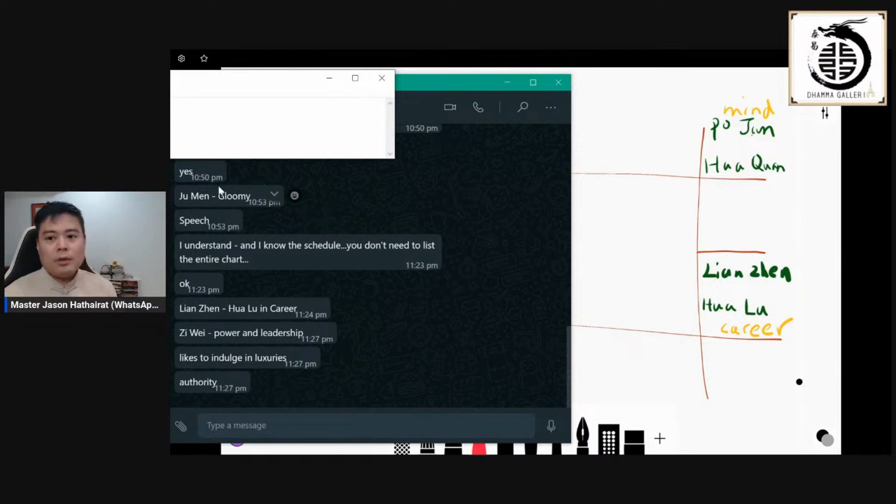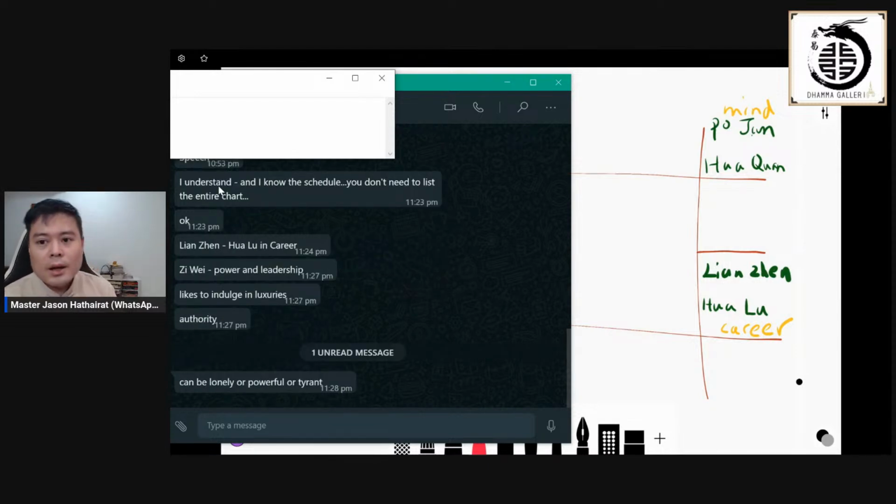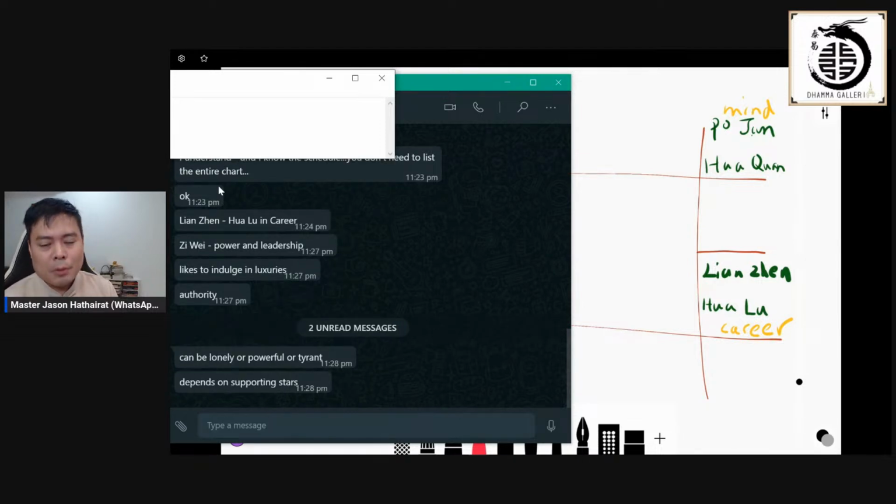Yes, authority, which is good. All these are correct points. Perhaps you can tell me some more things related to Ziwei. Can be lonely and powerful, or a tyrant. That is a very good point. Any other input that you would like to suggest? Depends on supporting stars.